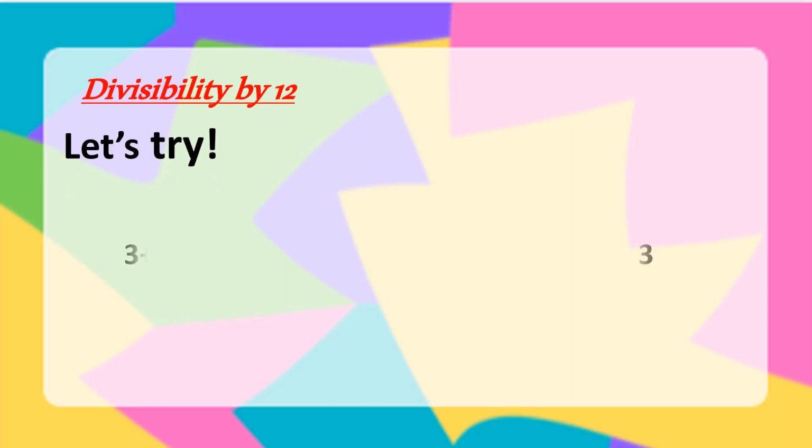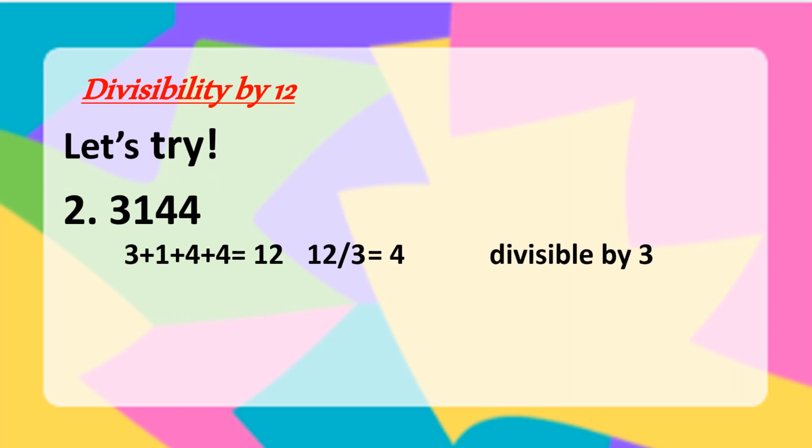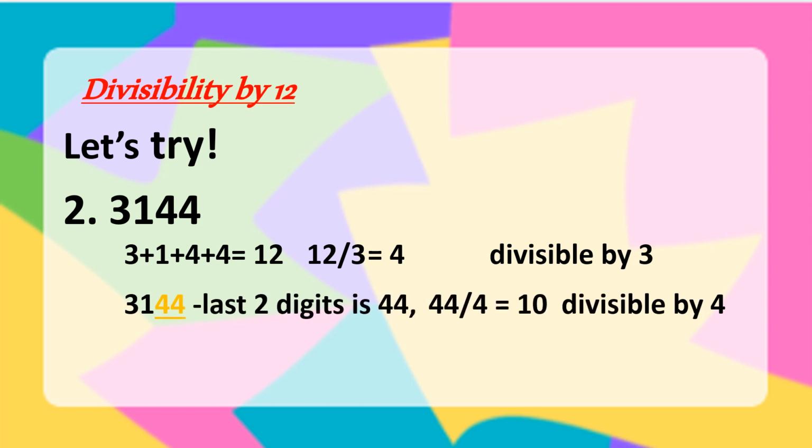Okay, now let's try the second given, which is 3,144. Let's get first the sum of the digits. 3 plus 1 plus 4 plus 4 will give you 12. And 12 can be divided by 3. The result is 4. So it means it is divisible by 3.